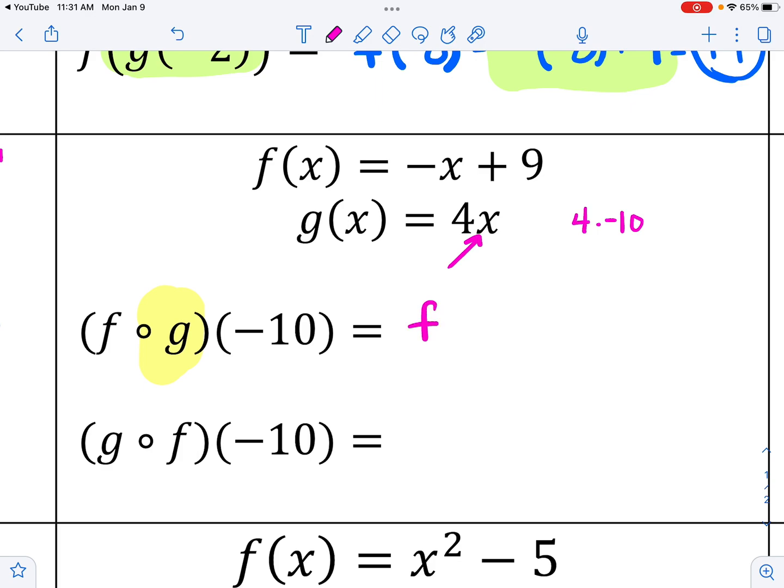That means I have f of -40 to calculate. I have to pay attention to the fact that I have a negative and then my -40 plus 9. And you should find that the value for this is 49.